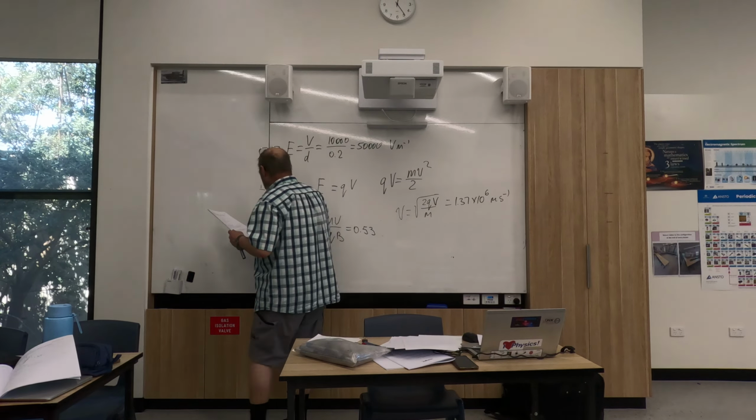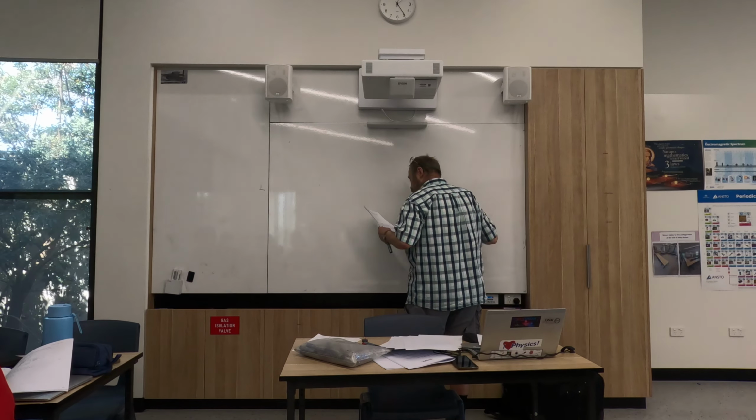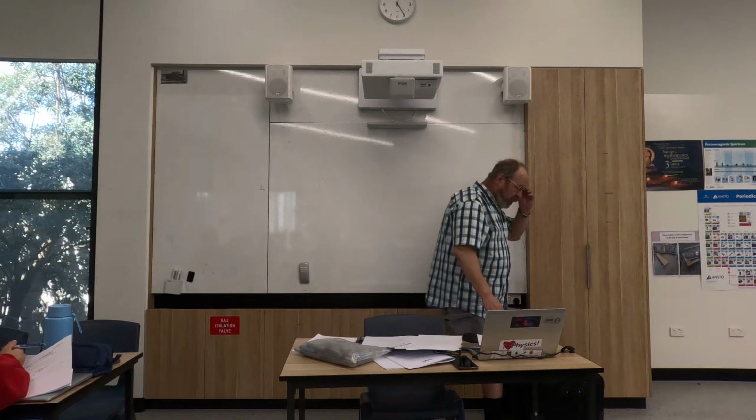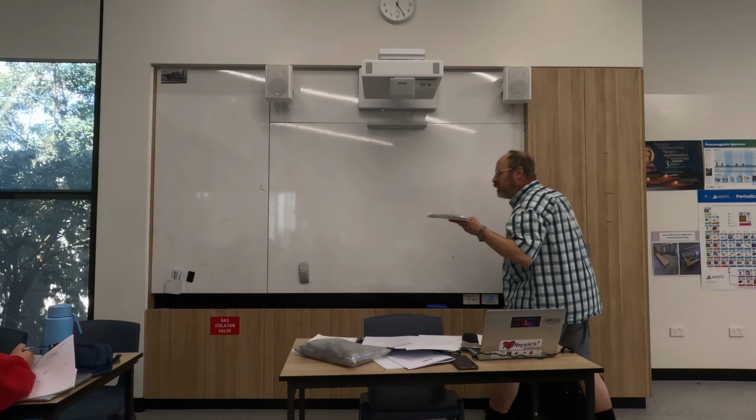So when we have a DC motor, we have a coil, let's say the magnetic field is that way.